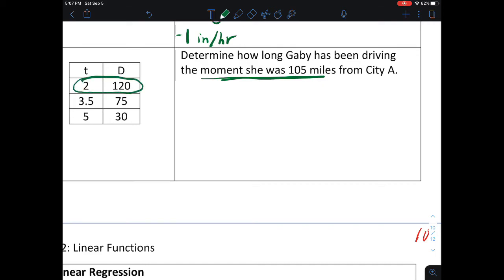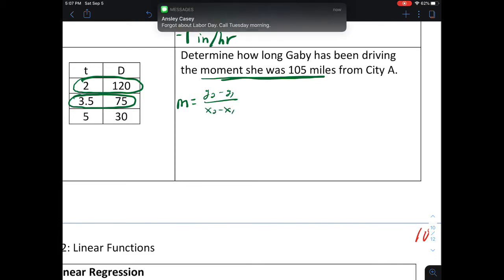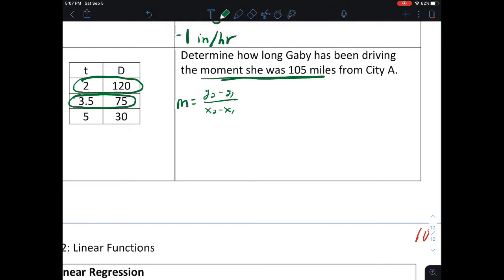So I'm going to take 2 points here. And we're going to find her speed, which is the slope. So y2 minus y1 over x2 minus x1. And that's going to give us 75 minus 120 over 3.5 minus 2.